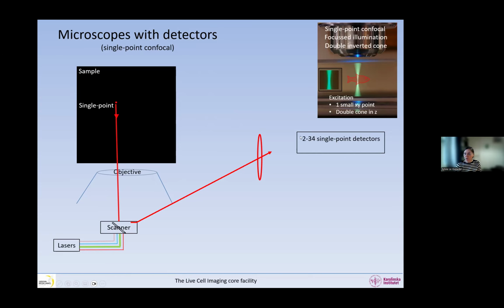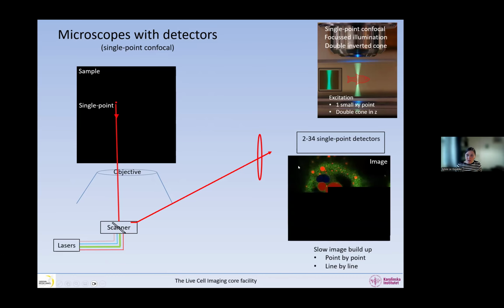Some have emission filters, some do not. We will talk about this next week. And we can have between 2 and 34 single point detectors. Each of them only detects the light from one pixel, okay? And we will see all this next week. So then slowly we build the image point by point, line by line, like we have seen.